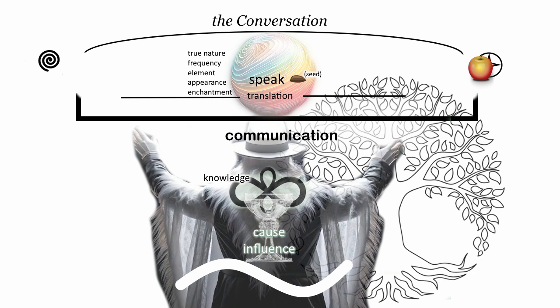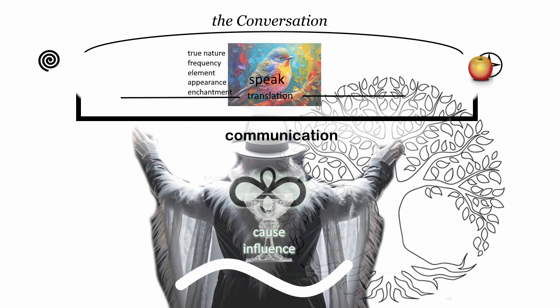The magician may communicate at the elemental level. The magician may communicate in terms of the properties of appearances. The magician may communicate to dissolve enchantment or to initiate enchantment. The magician has all of these fields within them. Of course, the magician has arisen as a being and character from all these fields.